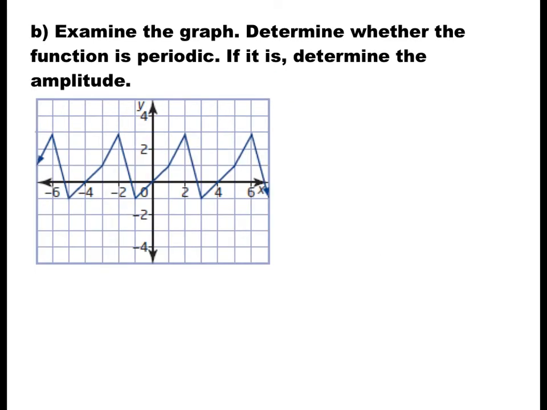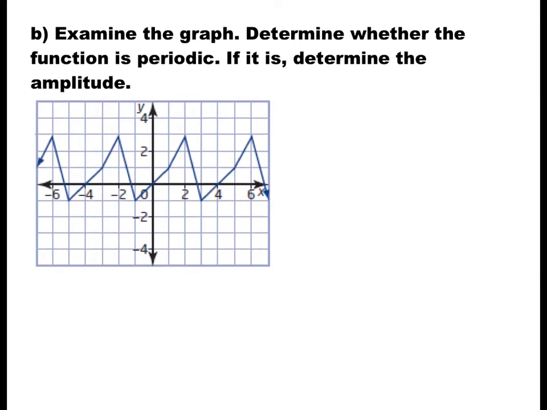The next example, again, we have a graph. We have to determine if it's periodic, and if it is, we have to find the period. We can easily see that the function repeats itself. For instance, if I take this point to be the start point, then the function goes up to this point, then goes down, goes under the x value, and ends here.